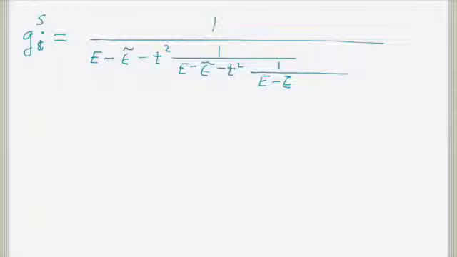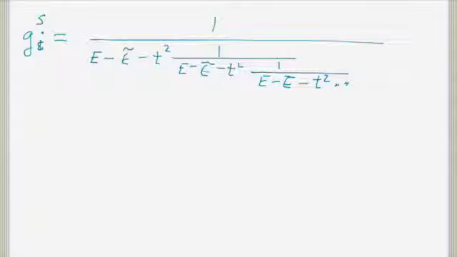Each iteration, you're building up this continued fraction, which is what happens when you back substitute. If you look up continued fractions, they have very nice convergence properties. They converge very quickly, and this is what this is doing.